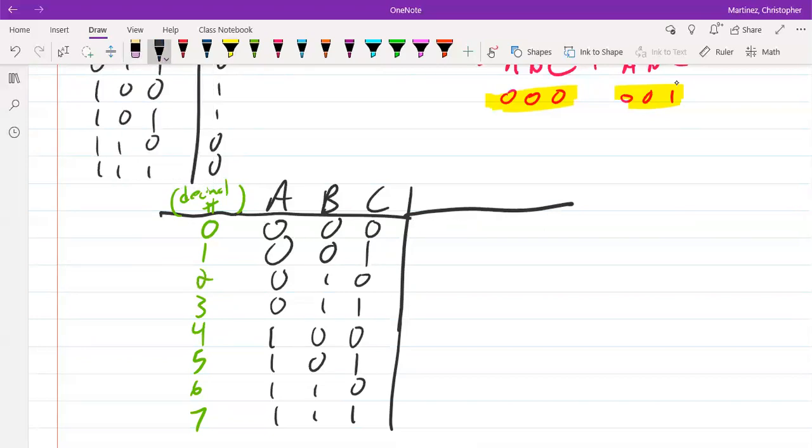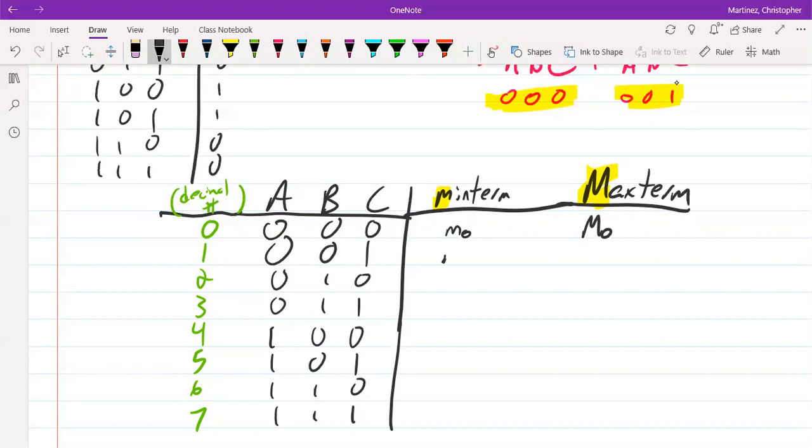Because when I do that, I'm going to express everything in terms of being a minterm or a maxterm. Now, the difference is that minterms will always use a lowercase m, and a maxterm will use a capital M. So for 0, 0, 0, I can express this as little m0 to say that's minterm 0, or big M0 to say that's maxterm 0.